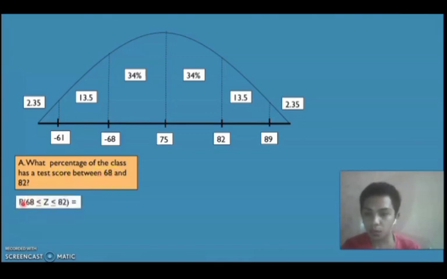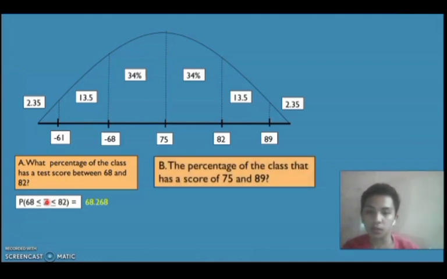Solution: P of 68 less than or equal to x less than or equal to 82. We can get this by adding the area of 68 to 82, which is this, the 34% and the 34%. By adding that, we have 68.268% of the data in this area.